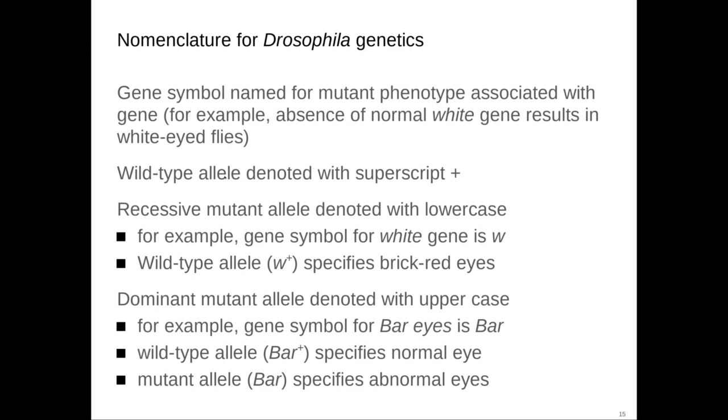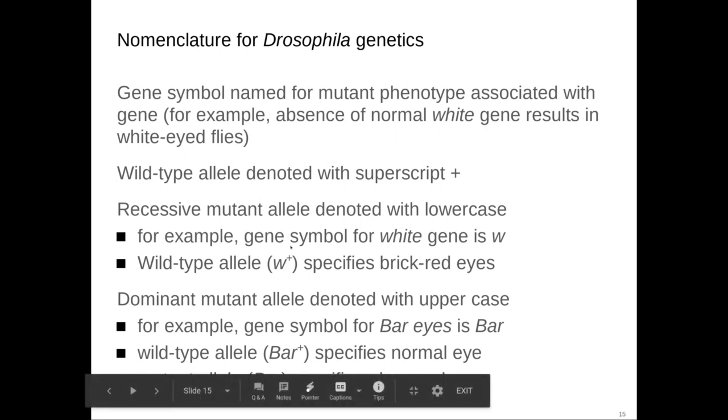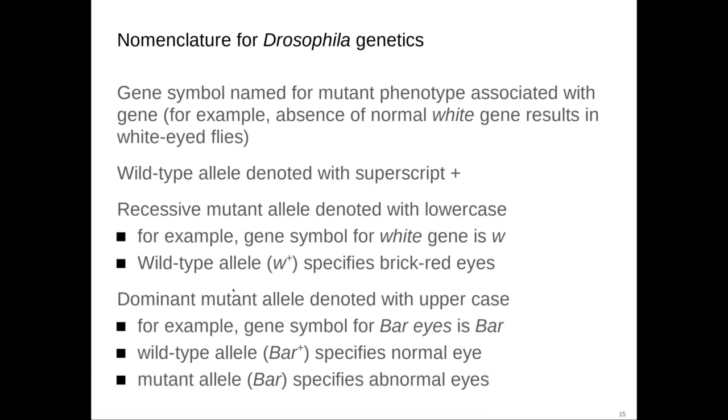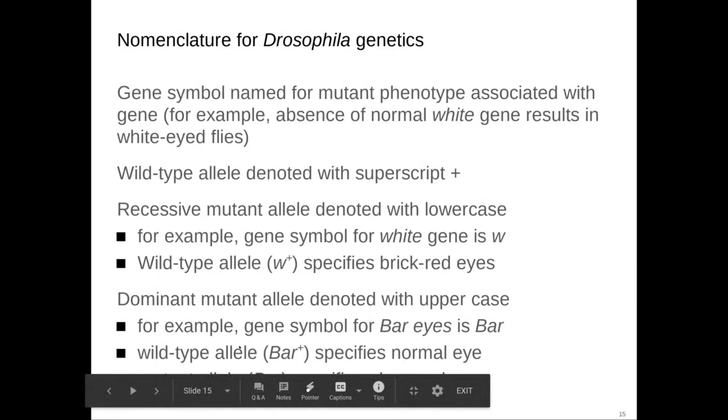Now, the wild type allele is always denoted with a superscript plus, and the recessive mutant is denoted with lowercase. So, for example, in this case, white eyes, the gene for white eyes is just W. The wild type is W plus, and the recessive would just be little w. Dominant mutant alleles are denoted with uppercase. So, for example, the gene symbol for bar eyes is just BAR. The wild type allele is still BAR plus.